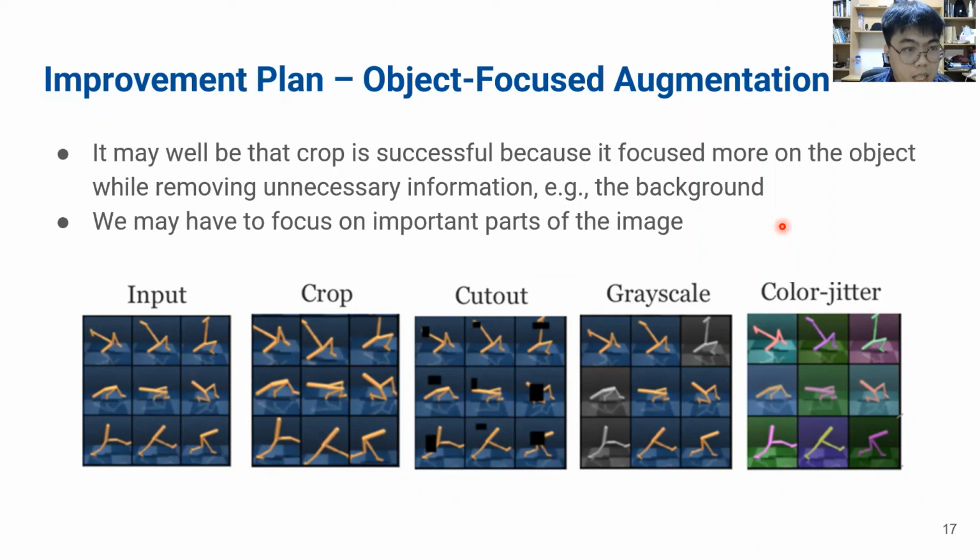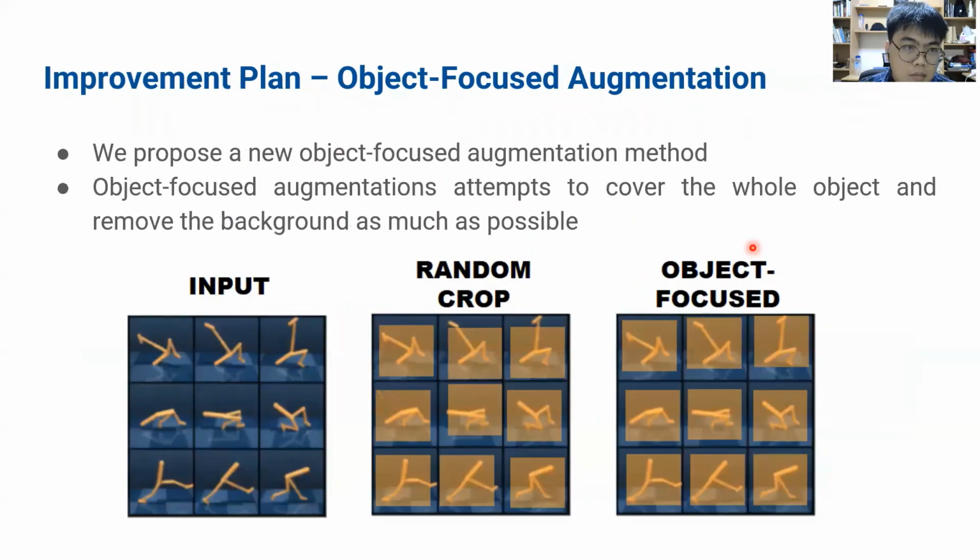So it helps the agent focus on the important part of the image. Based on this observation, we propose a novel object-focused augmentation method for reinforcement learning, and it attempts to cover the whole object and remove the background as much as possible.